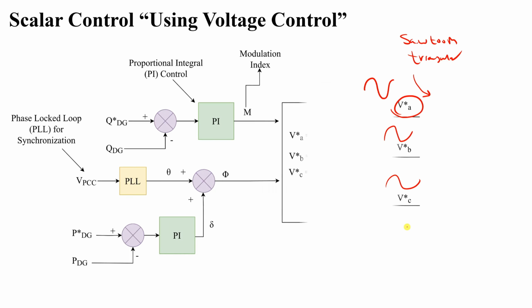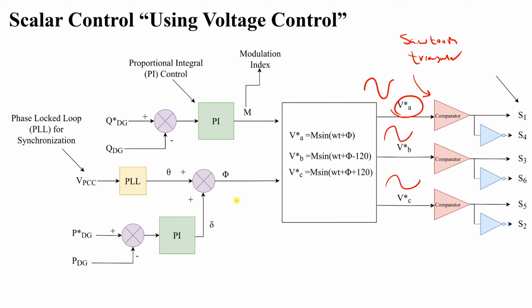That's why you will find that the output of the comparator will be S1. If this one is 1, it means S1 is on, and we have here a NOT gate, which means that S4 will be 0. It will be reversed. Similarly for B, which has the two switches, upper and lower, S3 and S6, and similarly for C, S5 and S2.